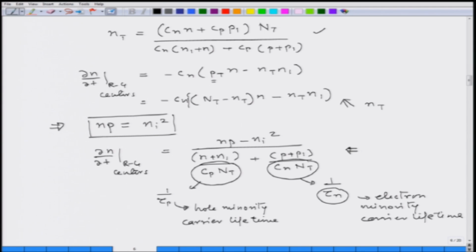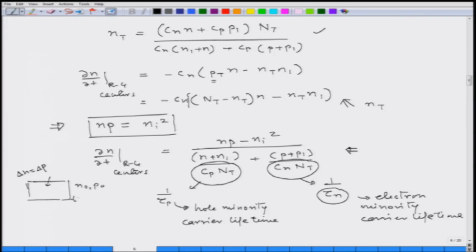We have looked at a recombination generation net effect due to an R-G center on electron concentration. So, let us take an example of a semiconducting material which has some n0 p0, and it also has R-G centers, and by some means I change the carrier concentration, excess carrier concentration delta n is equal to delta p.